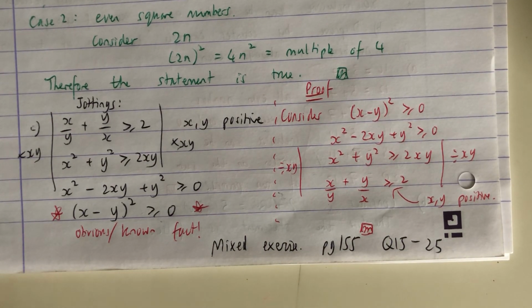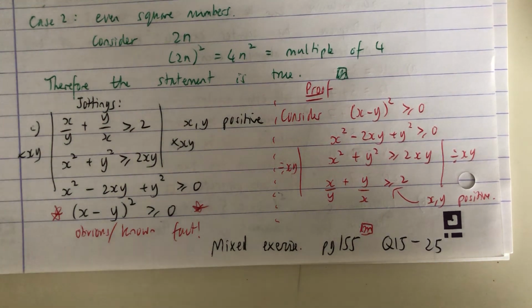So try a proof by exhaustion, try a proof by counterexample, try proving an identity, try proving a worded statement, and try proving an inequality. And then that should be it. Any questions, rejoin the meeting and ask me.